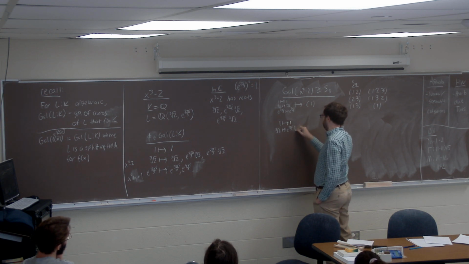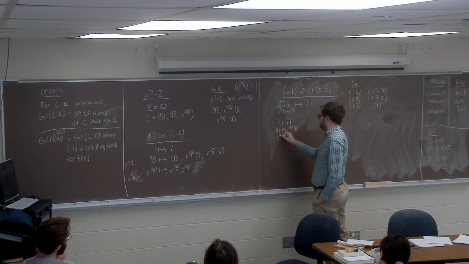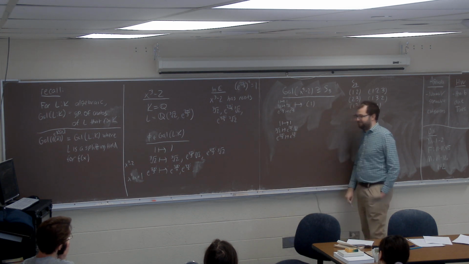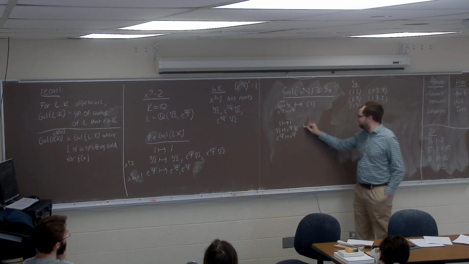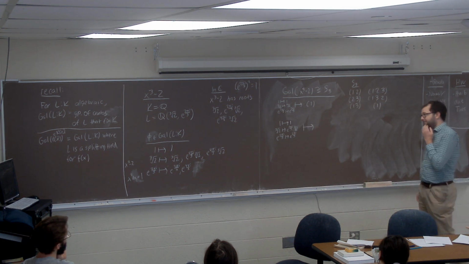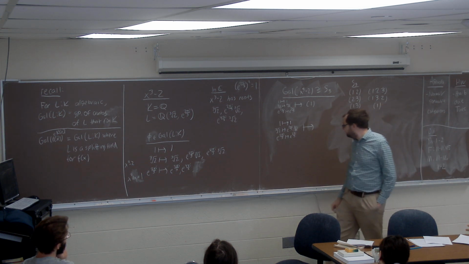And then don't change what you're doing on the last one. That stays the identity. So you've only made one change. So that's one of the 2 cycles. Aha! And then repeat that, make one change in each, you get 3 of them.